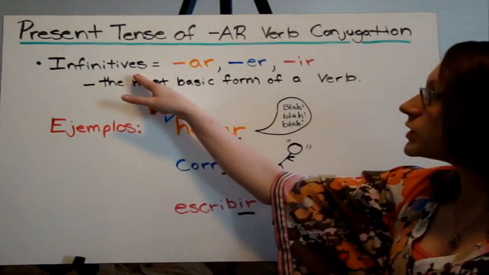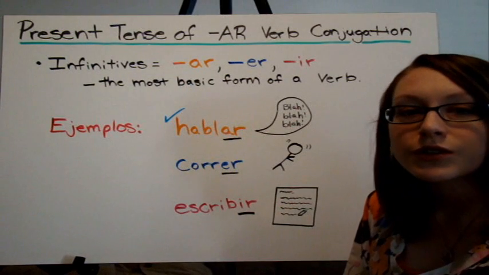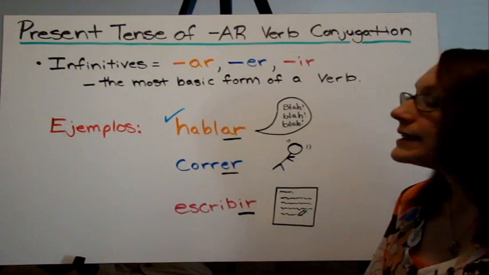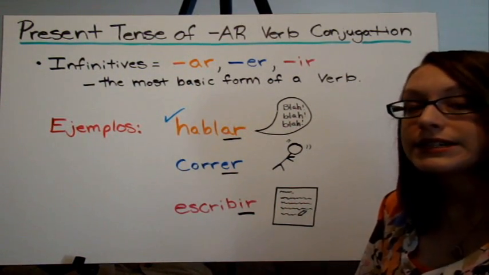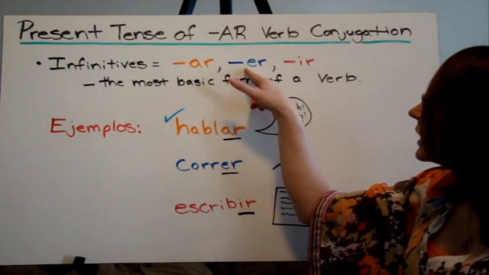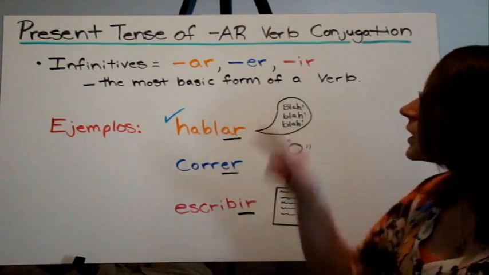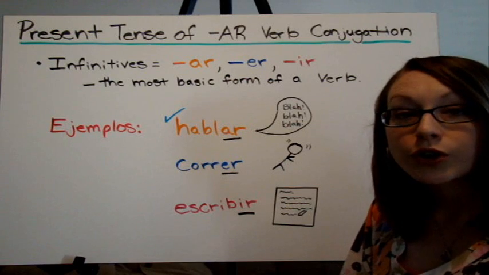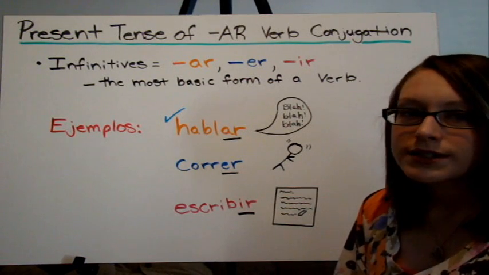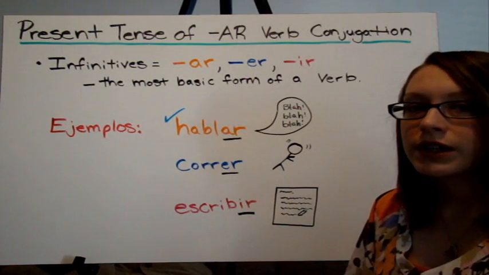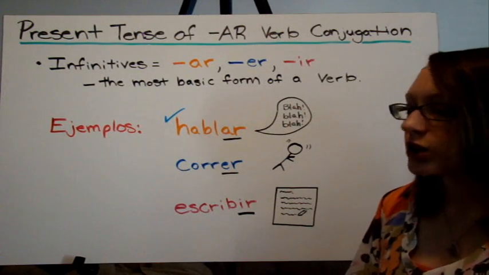Infinitives in Spanish, we talked about, are the most basic form of a verb, and they have three endings in Spanish: AR, ER, and IR. Now, infinitives are verbs, and they are simply just the action, so no one is doing the action yet. It's just purely the action.